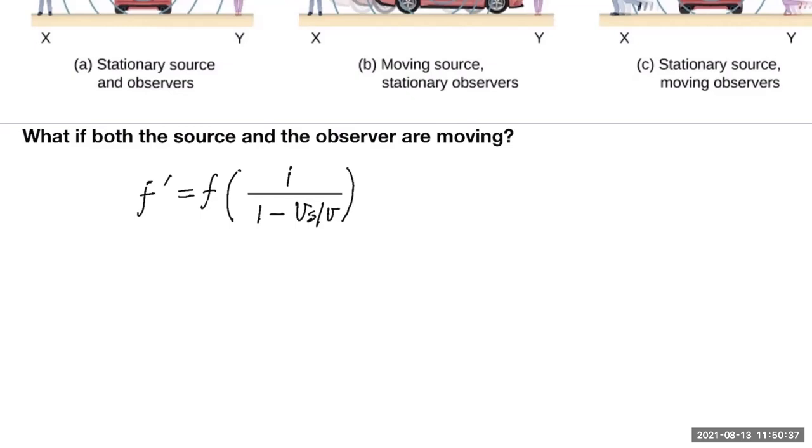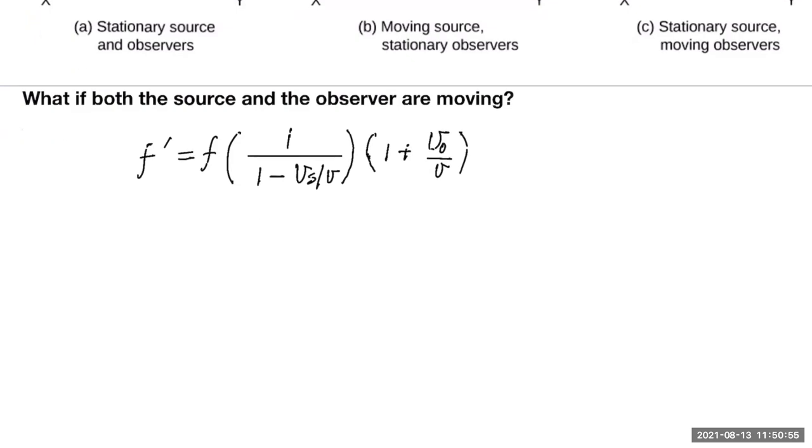And when the observer is moving and the source is not, you have this extra factor of 1 plus V observer over V, right? And you have to multiply by both factors if both the source and observer are moving, okay?